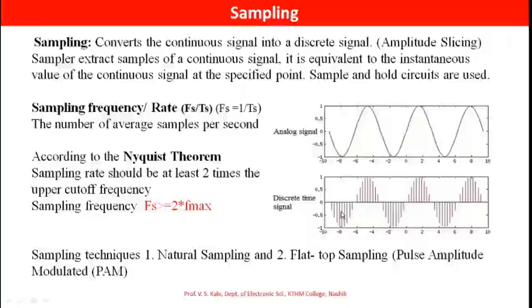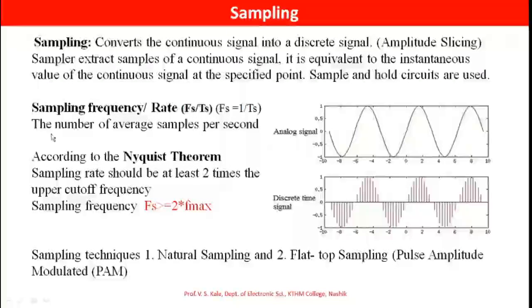To achieve it, the samples are taken with certain time intervals. For that, the sampling frequency or sampling rate, sampling frequency is denoted by Fs, sampling rate is denoted by Ts. The relation between sampling frequency and sampling rate, Fs equal to 1 upon Ts.